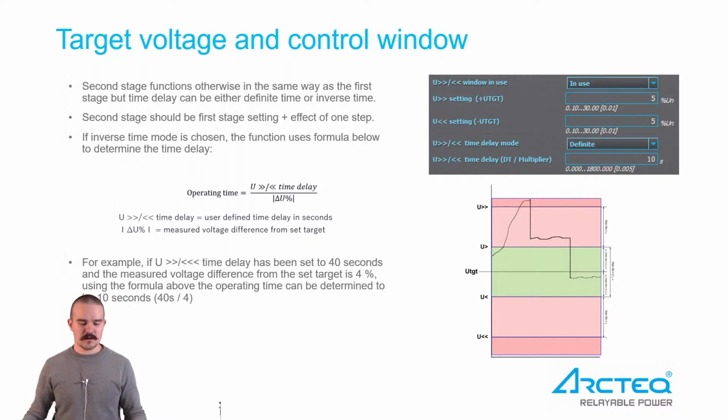If inverse time mode is chosen, it will use the formula shown here. So for example, if you have set the time delay to 40 seconds and the measured voltage difference from the set target is 4%, the time delay will be 10 seconds, which comes from 40 seconds divided by 4.